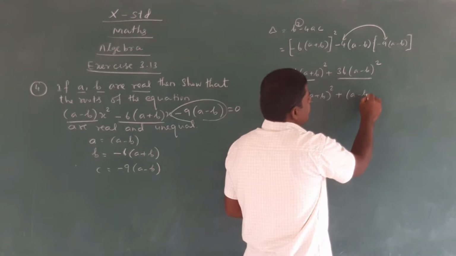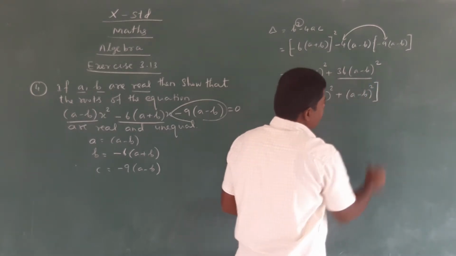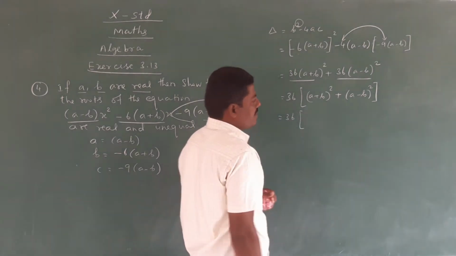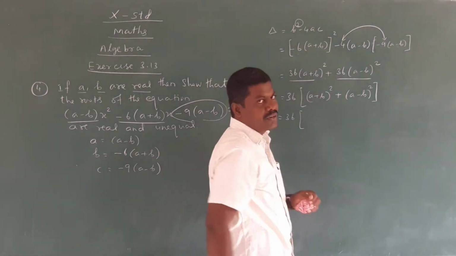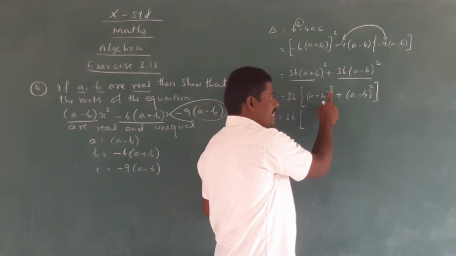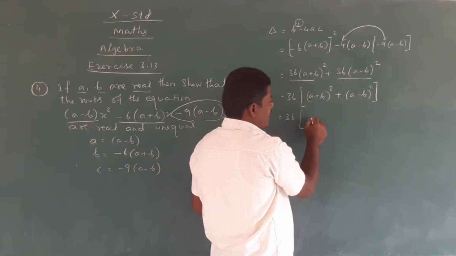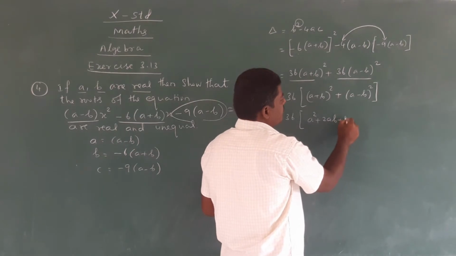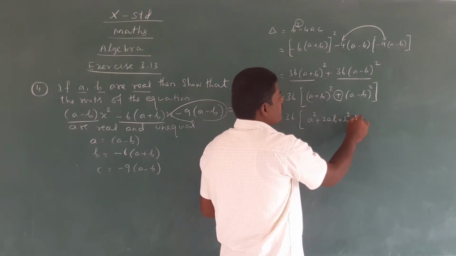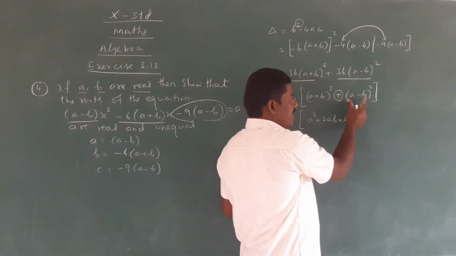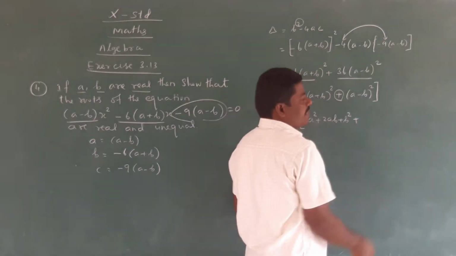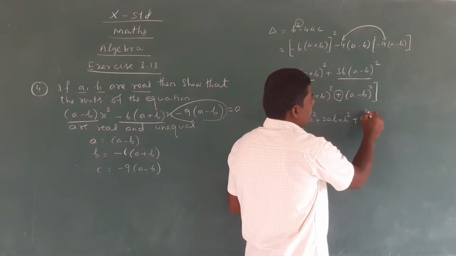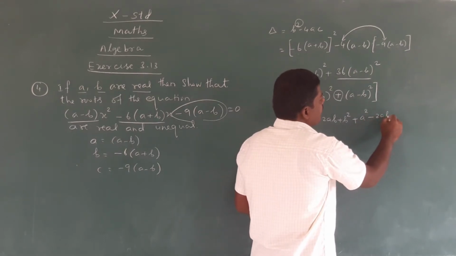Now (a + b) the whole square is nothing but a² + 2ab + b², the middle term is plus. And (a - b) the whole square is a² - 2ab + b².